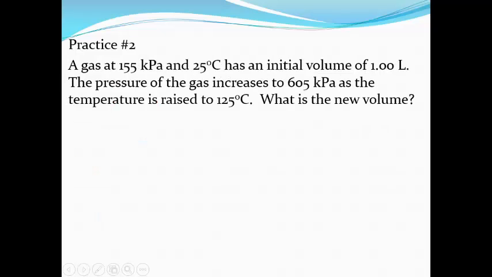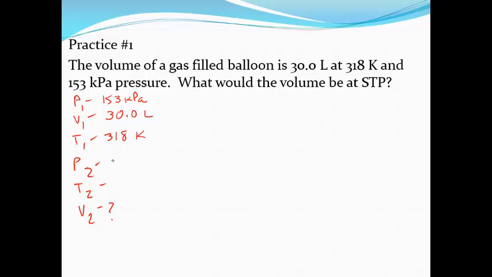Now, for standard temperature and pressure, pressure can be one of two things. It can either be 101.3 kilopascals or 1 atmosphere. We're going to use kilopascals since the first pressure is already in kilopascals. And the temperature could be 0 degrees Celsius or 273 Kelvin, and since we want Kelvin, we're going to use the 273.